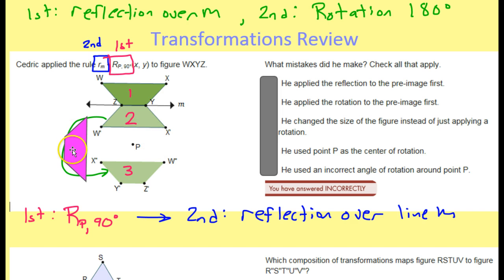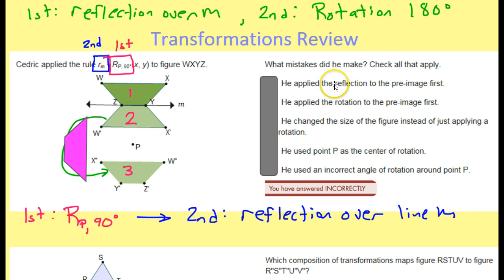So right there I see he made two mistakes. First of all, he did the wrong order. He was supposed to do the rotation first and the reflection second. He did the reflection first and the rotation second. Also, he did a 180 degree rotation when the rule said he was supposed to do a 90 degree rotation.